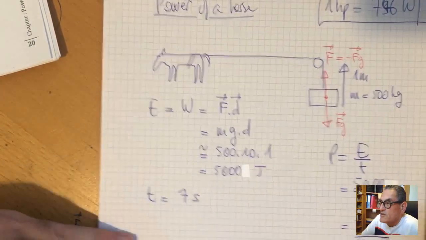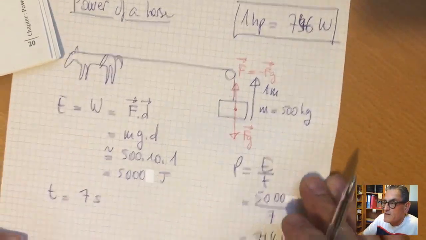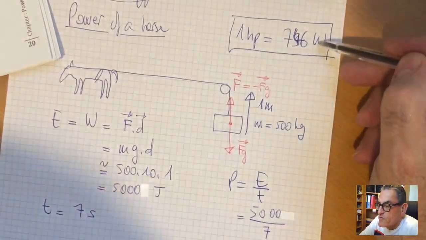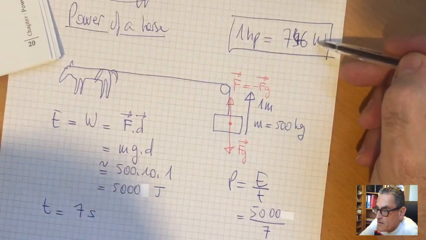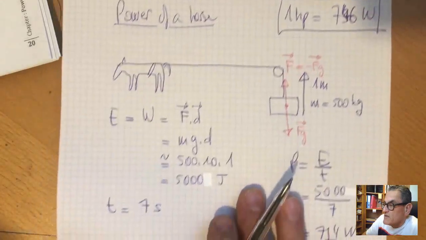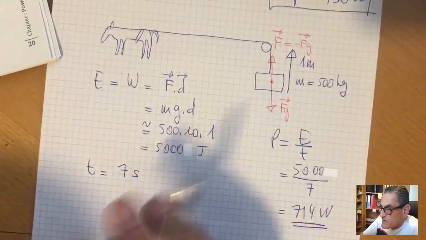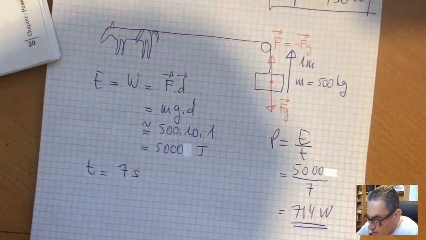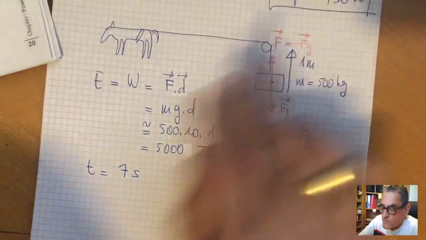The approximation is not so bad, because you see the definition is 746. Okay, so maybe the horse takes a bit less than 7 seconds. I mean, this is just to give you an idea as to where this unit comes from.